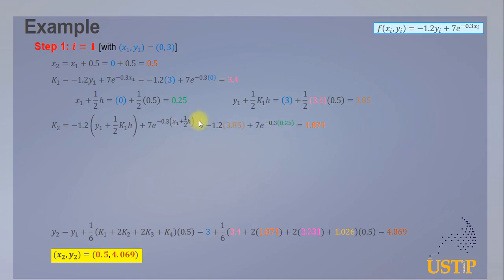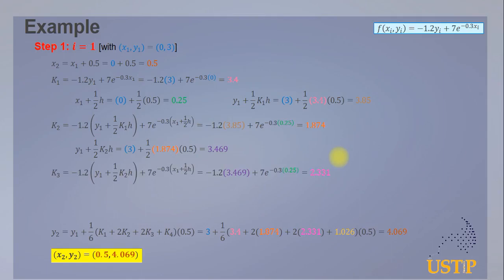And then simplifying this expression, we have 1.874. Okay. Then to solve for k3, we will now use y1 plus 1 half k2 h, no?